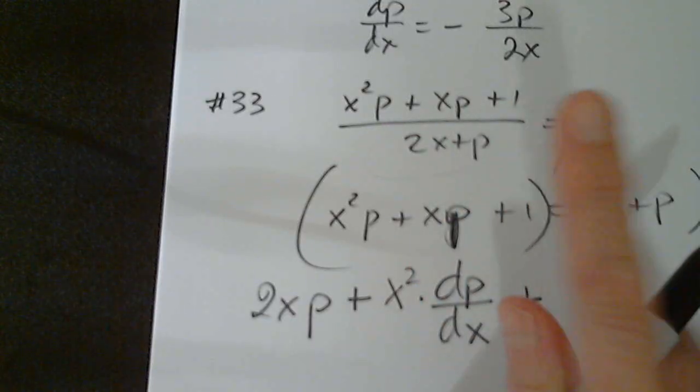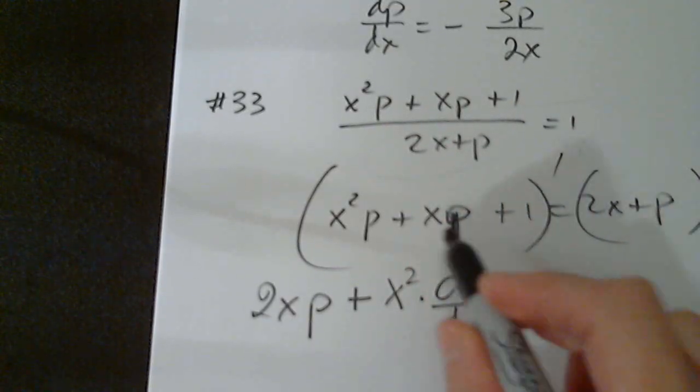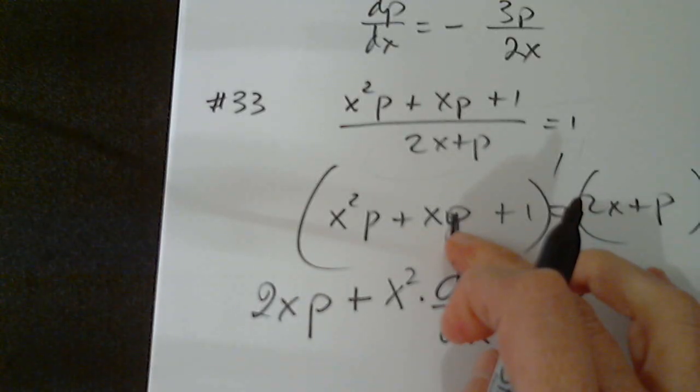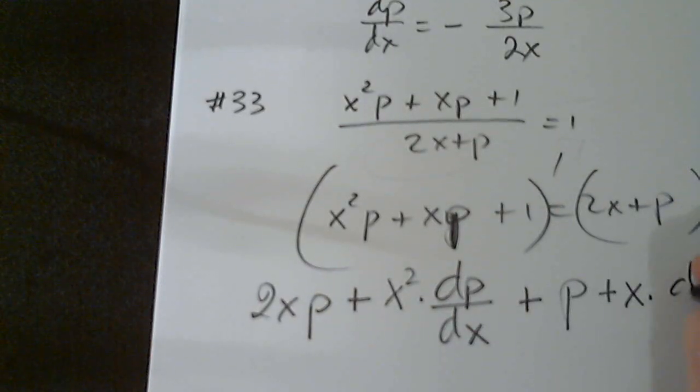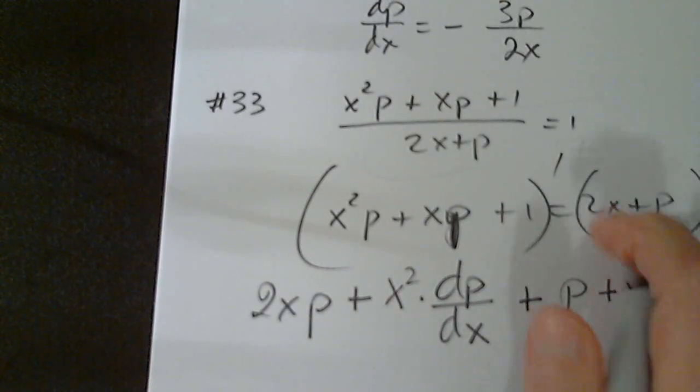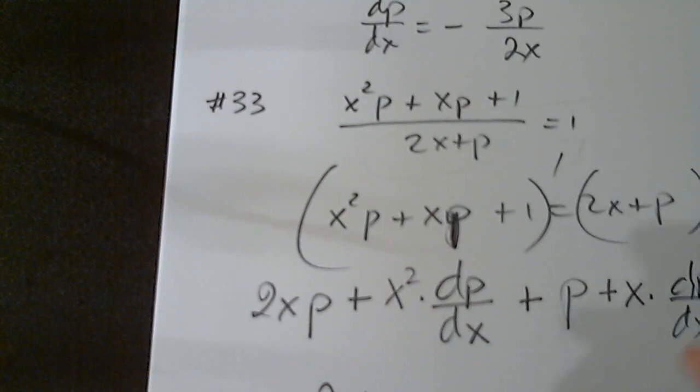First function prime is 1, plus the first times the second function prime, but that's a function, so I have dp over dx. 1 prime is 0 equals 2x prime is 2 plus p prime, but that is dp over dx, not dp over dt. Okay, so now this is just simple algebra.